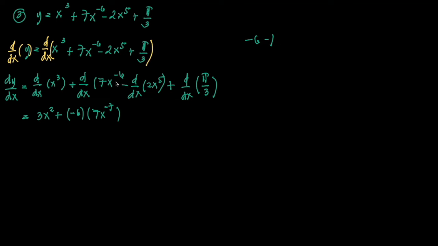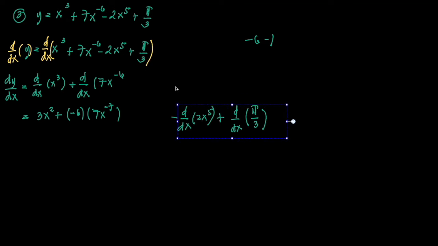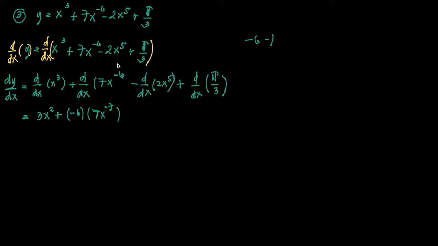The next one, we forgot a close parenthesis here. So let's just move this a little bit here and minus the derivative of this. We bring down 5 times 2x raised to 5 minus 1 is 4 plus pi over 3.